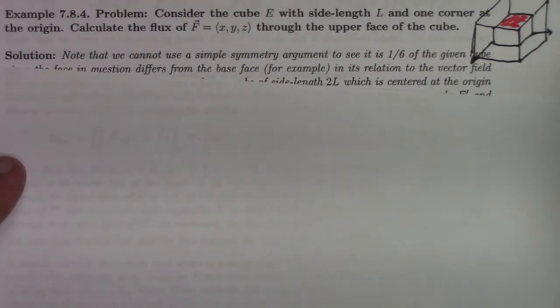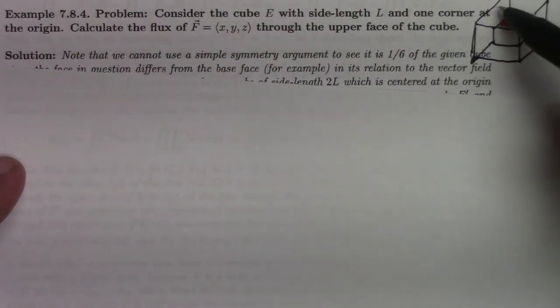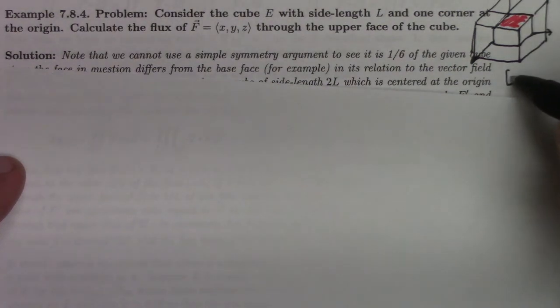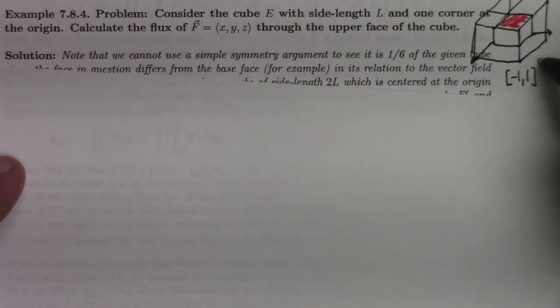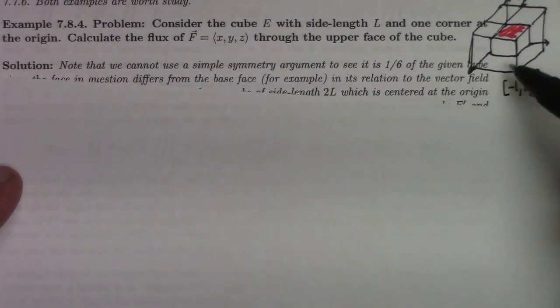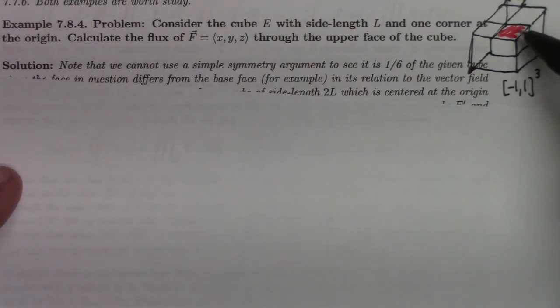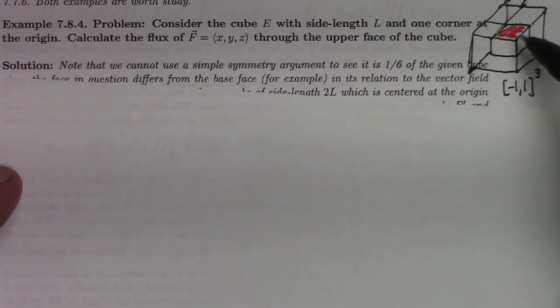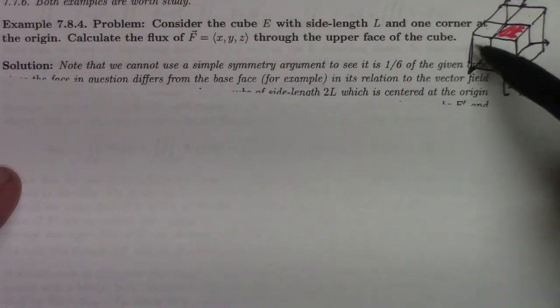Then that larger cube is -1 to 1 Cartesian product of itself three times. There are six faces, and each one of those six faces has four of these squares. By the symmetry, there's no difference between this square and the others on that larger cube.